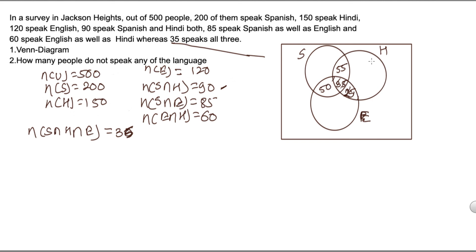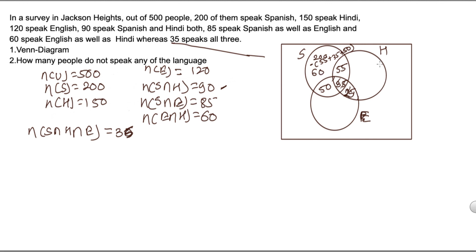Now let's come to this and this area. Since S is 200, this plus this plus this plus this must be 200. So this area is 200 minus 55 plus 35 plus 50, which is 60.